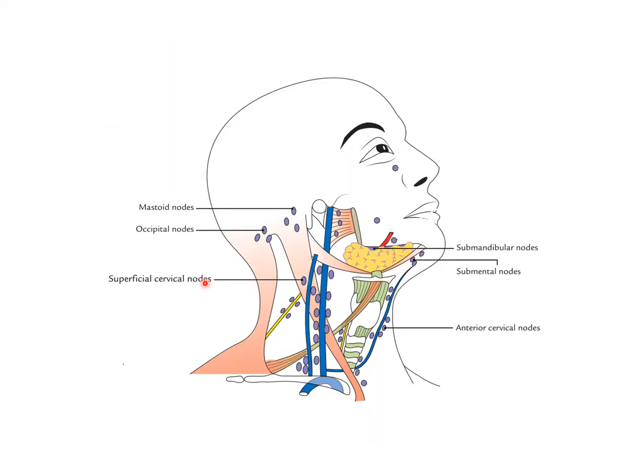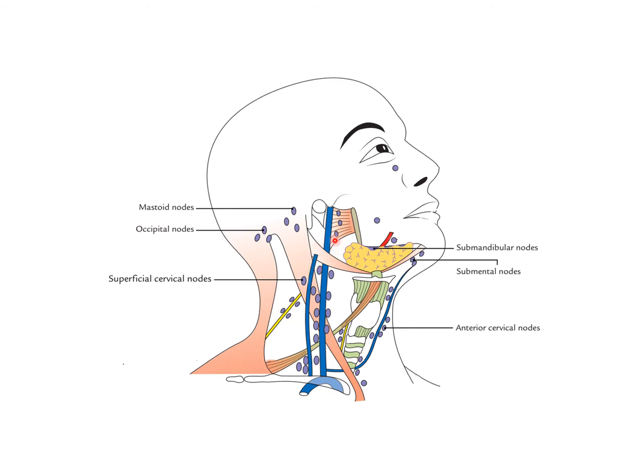Now if we talk about the superficial cervical nodes, they are situated superficial to the sternocleidomastoid muscle, located along the external jugular vein, and they are mainly the extensions of the parotid lymph nodes.